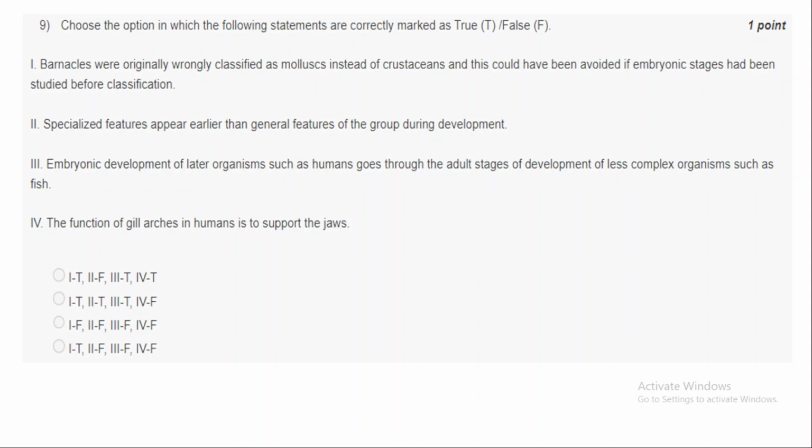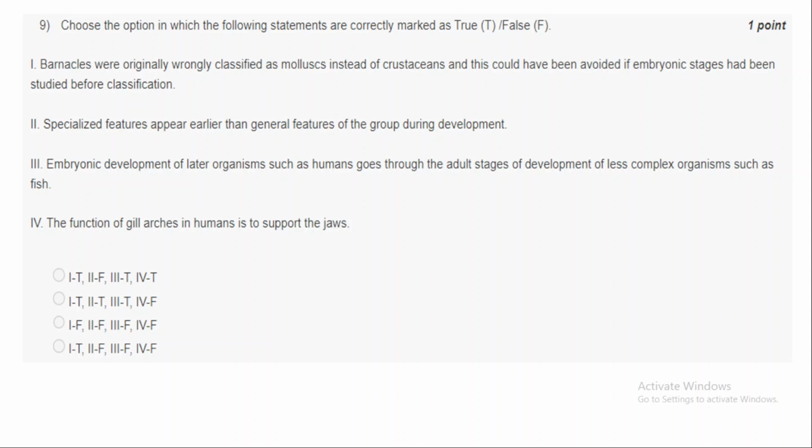If you see the adult stages, the fish is totally different from the humans, right? But if you see the basic body plan, the vertebral column, the organs... but the fish does not have a dorsal and a ventral side, which humans have. Humans have dorsal side, ventral side, anterior and posterior part.